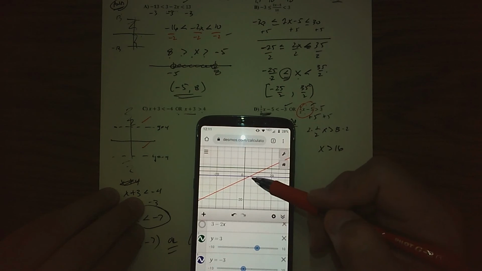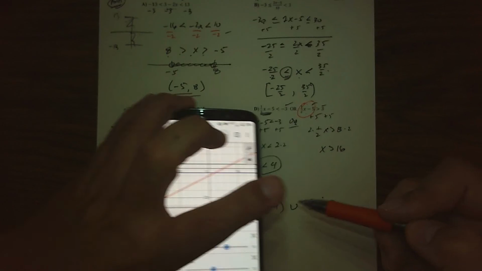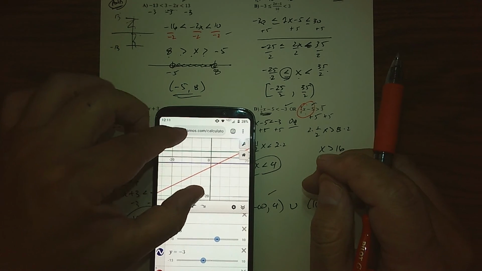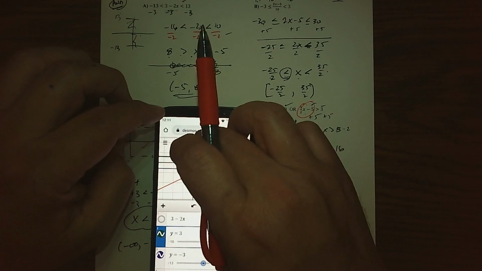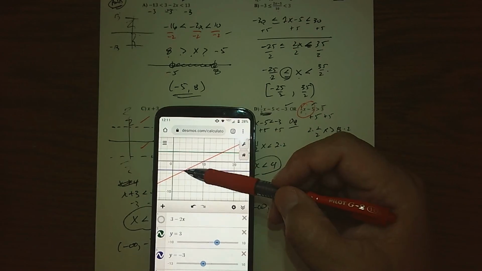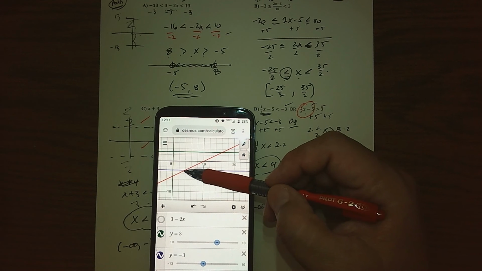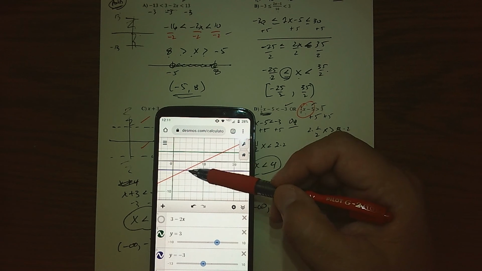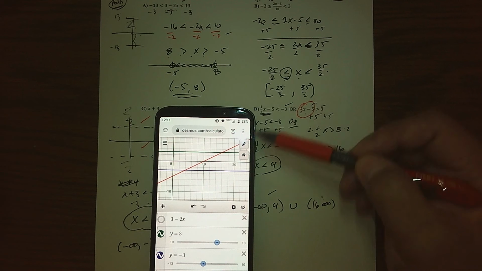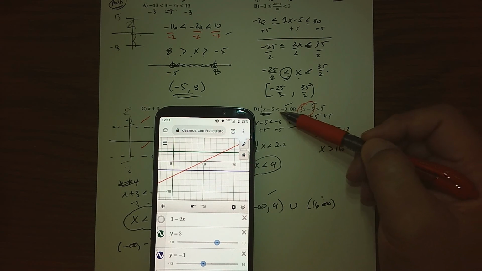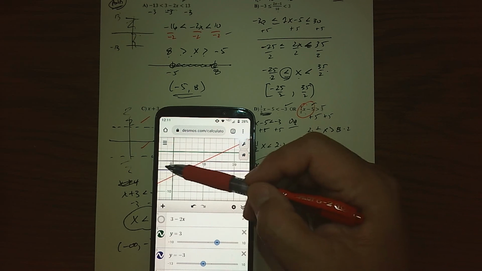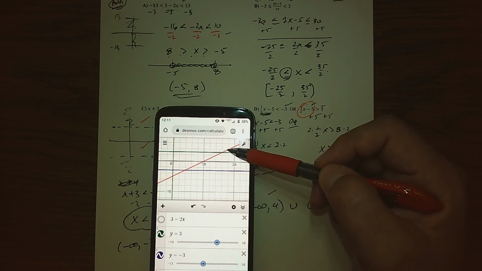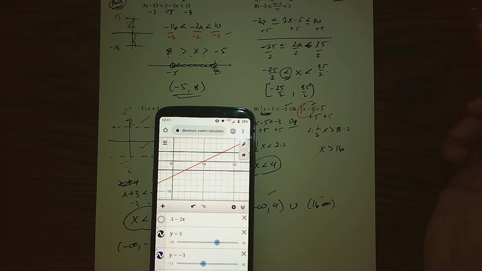And then if we go in this direction, at that location, which we know to be at 4, let me zoom in a little bit. So there's x equals 4. The graph of the line is below -3 starting at 4 going to its left. It's above +3 going to its right.